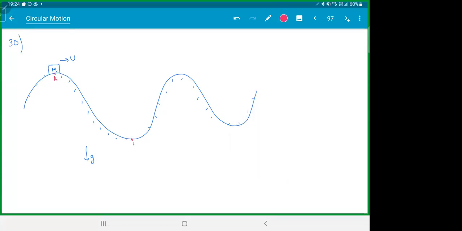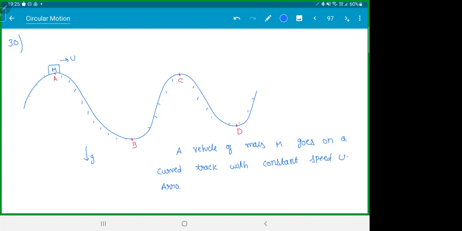This is point A, this is point B, this is point C, and this is point D. So a vehicle of mass m goes on a curved track with constant speed u. Speed is constant. Arrange the normal reactions at A, B, C, D in ascending order. So A, B, C, D, whatever normal reactions you get, arrange them in ascending or descending order. Doesn't matter.